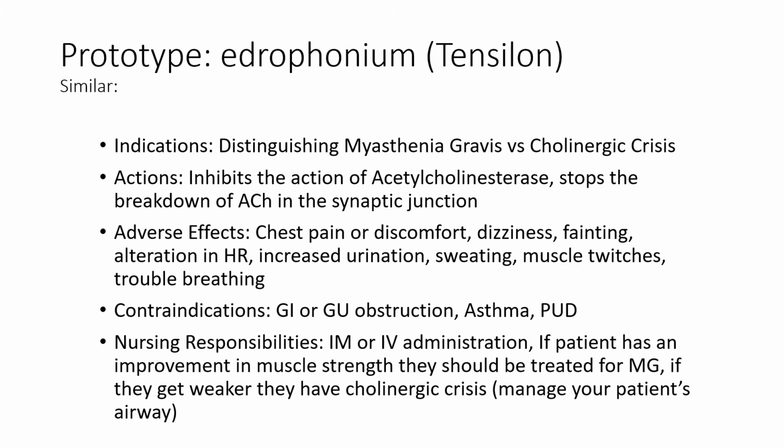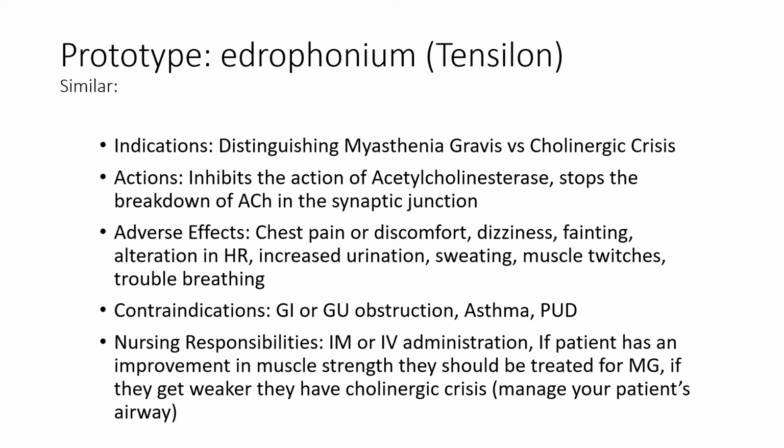Okay, so we spent some time on the previous slide talking about myasthenia gravis versus a cholinergic crisis. So a myasthenic crisis would be someone who has myasthenia gravis, and they're getting into trouble because they're running out of acetylcholine at the neuromuscular junction.